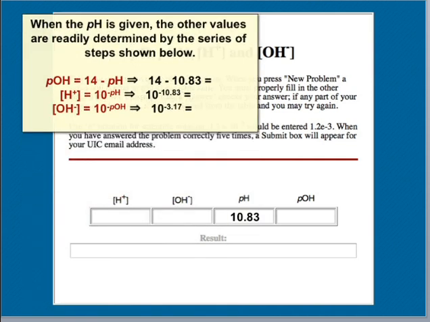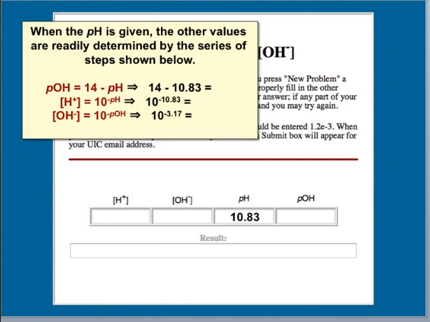So here's what I just said. To get pOH, we're going to take our pH, subtract it from 14, and we get 3.17. Everyone good with that? They always have to add up to 14.